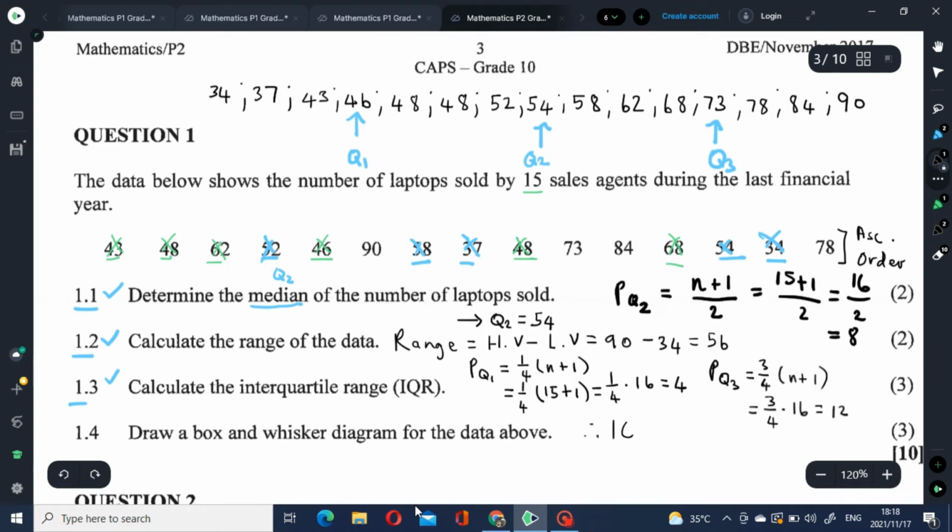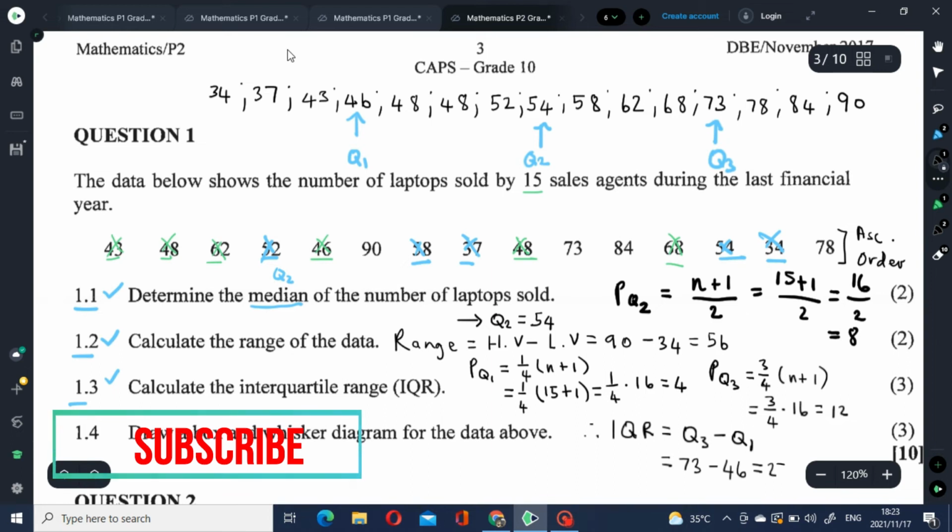The interquartile range gives us an indication of the dispersion or the spread of the data set. So the interquartile range is equal to Q3 minus Q1, and Q3 is 73, so 73 minus 46, which gives us 27.